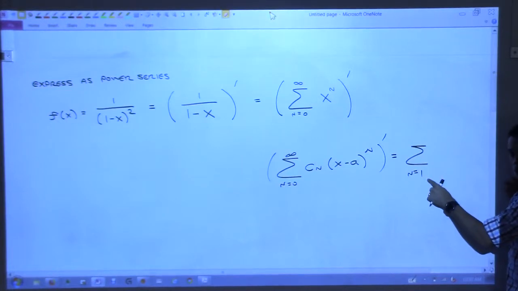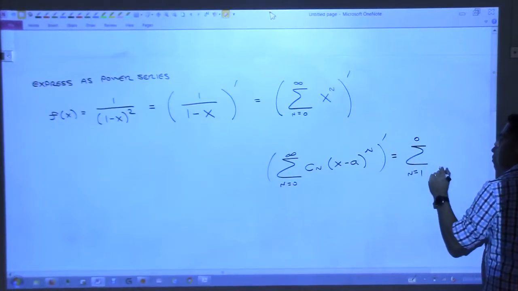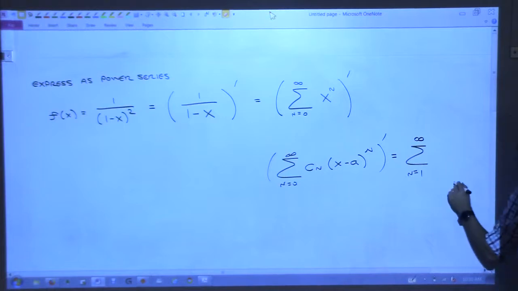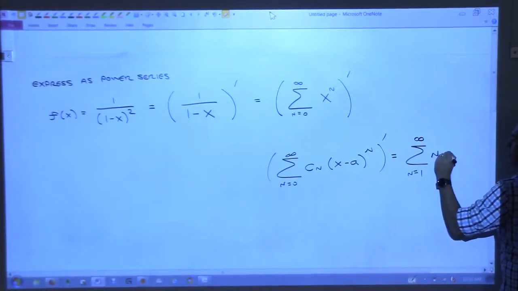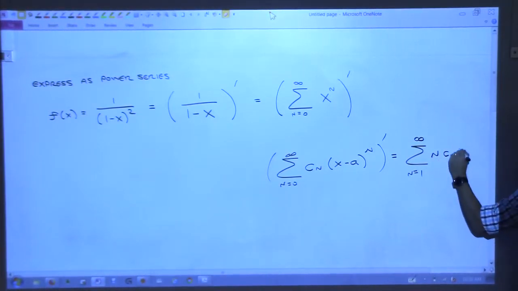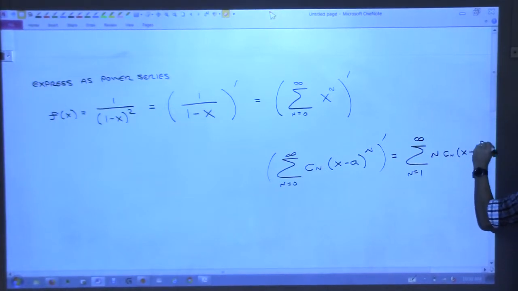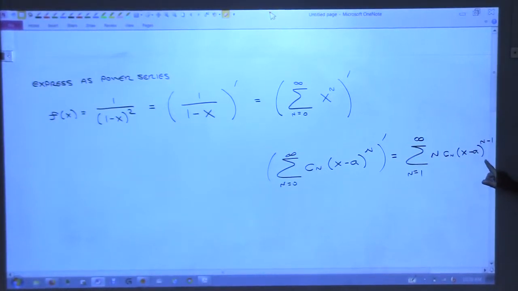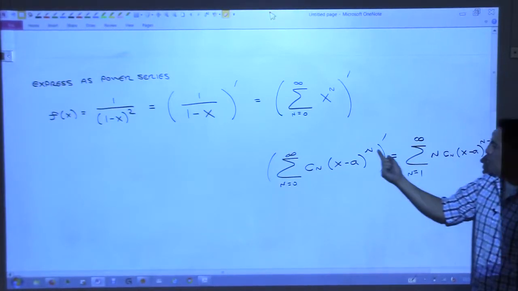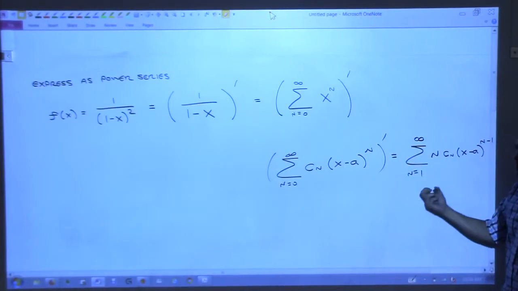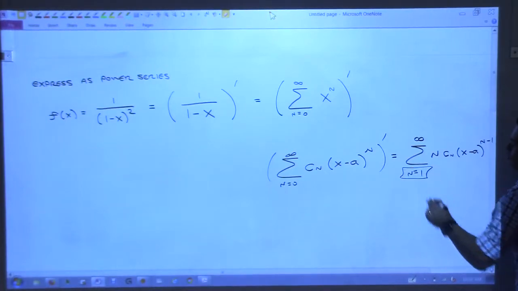But I'm going to start it at 1, of what? n times c sub n times (x minus a) to the n minus 1. Isn't that what it is? Yes. We just established that in the previous step, that really it is just a power rule. n comes out, n subtract 1, except that index I'm going to start at 1 instead of 0.